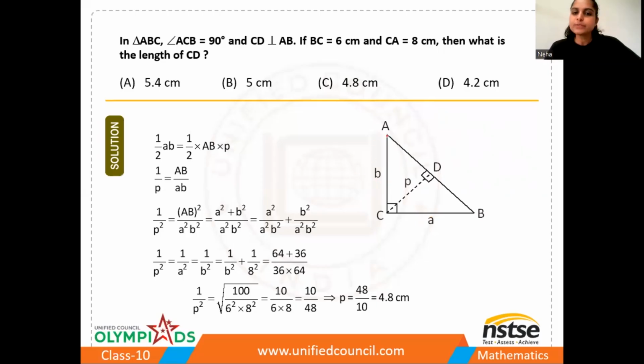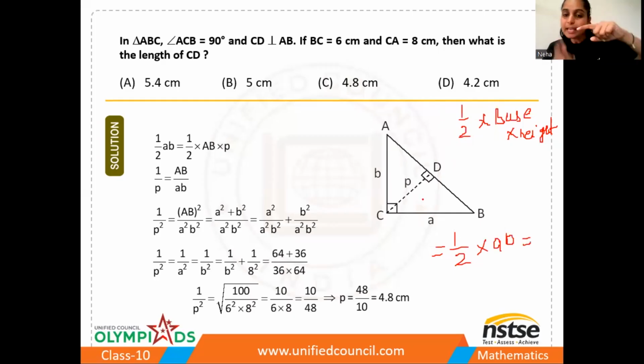So here students, if I want to find out the area of triangle ABC, how we can do this? The area of triangle ABC is half of base into height, right? Let's suppose if I'm taking BC as base, then the height is AC. So in this condition, the area of triangle is half of BC into AC.